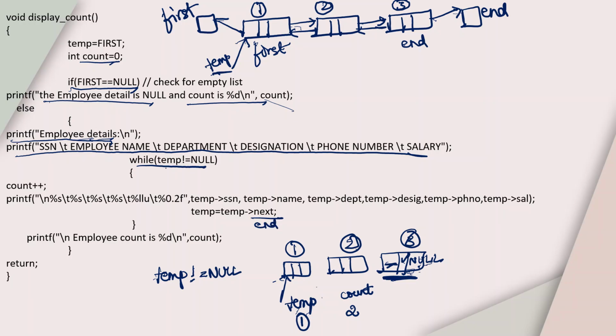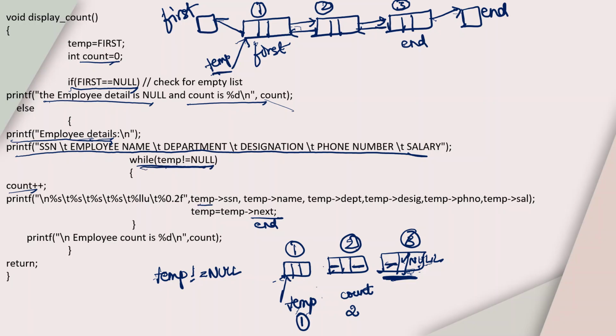So while temp is not equal to null, because here also it will not be equal to null, this also will not be equal to null, we are going to count. So I will use this final condition, temp is not equal to null, and increase the count by 1. That means I'm moving the control. I am taking the control to a given node and increasing the count.